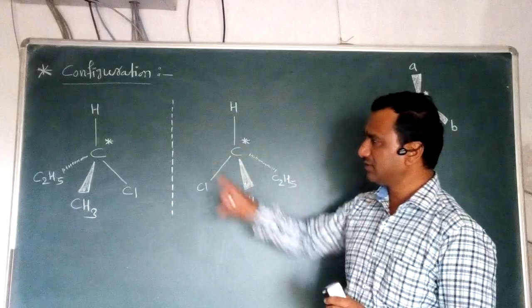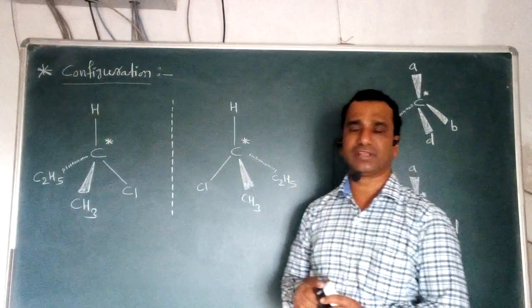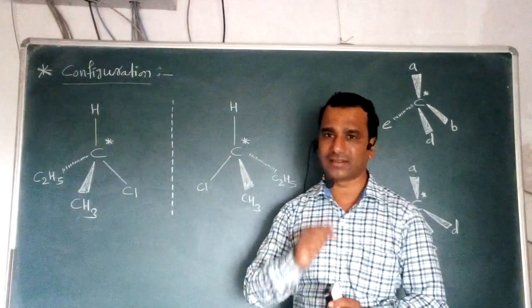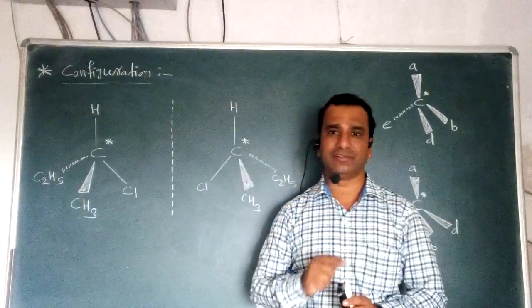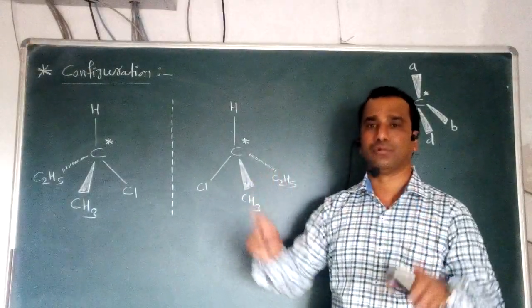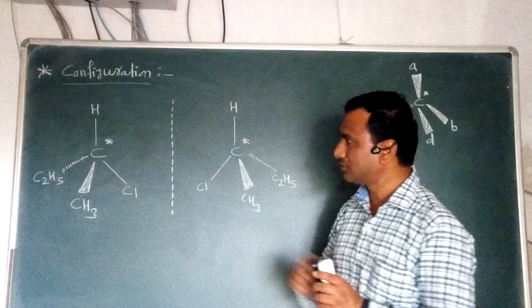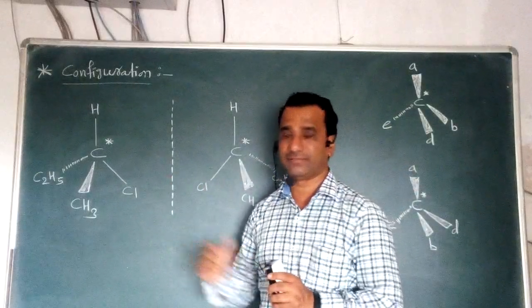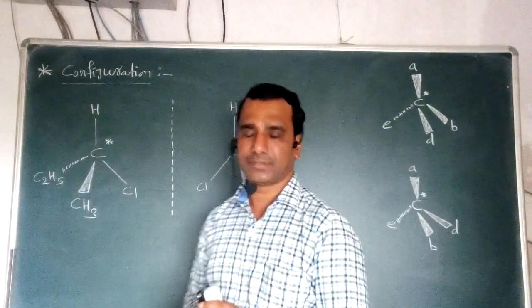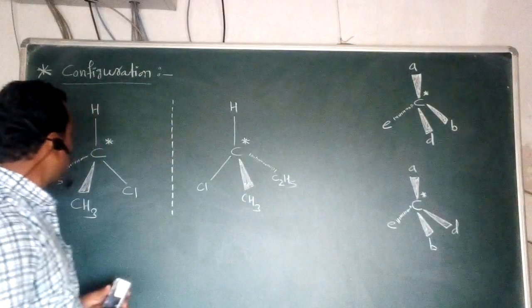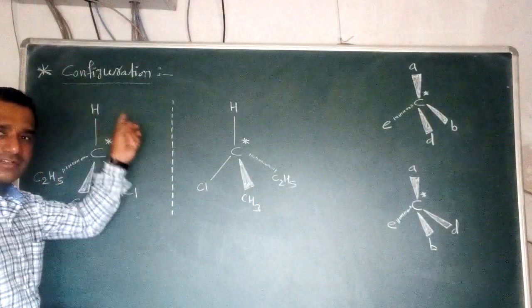Now, depending upon the positions of these atoms or groups surrounding the chiral center, we can get different routes. What do we mean by these different routes? Suppose in this first isomer we go in a clockwise direction.